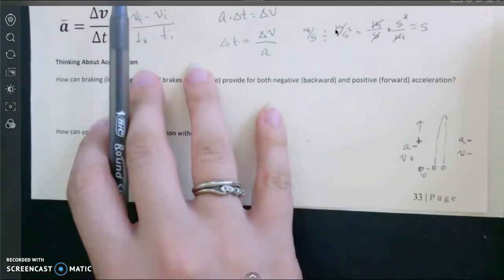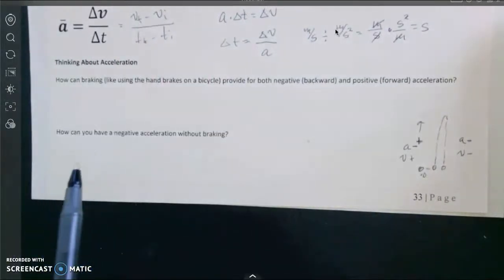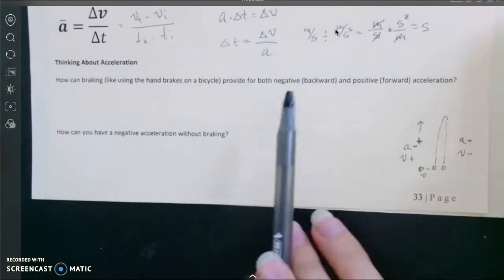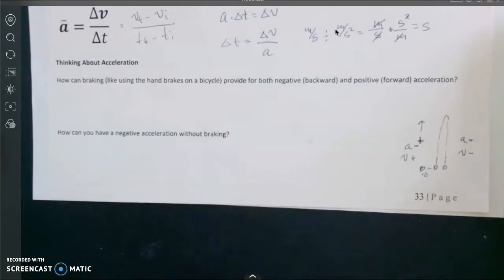All right, so with that in mind, how can braking, like using the handbrakes on a bicycle, provide for both negative backwards and positive forwards acceleration? Well, let's think about it. We just talked about velocities and positions here. Let's start with this negative one.